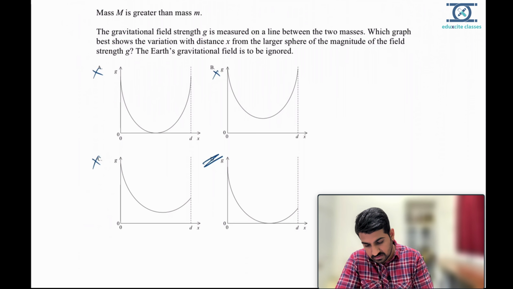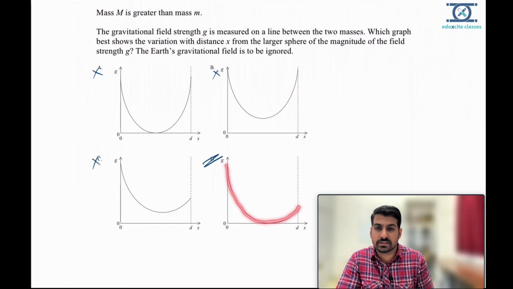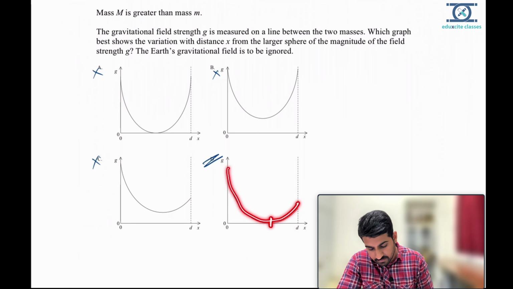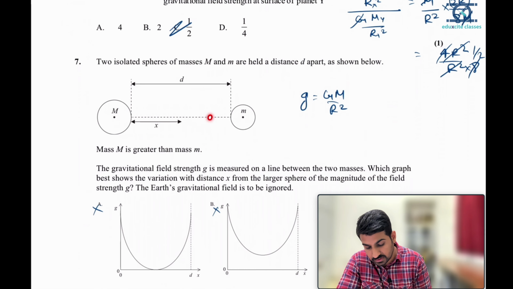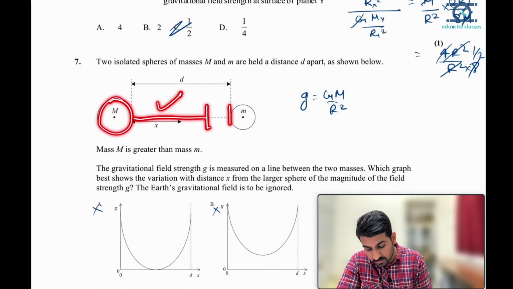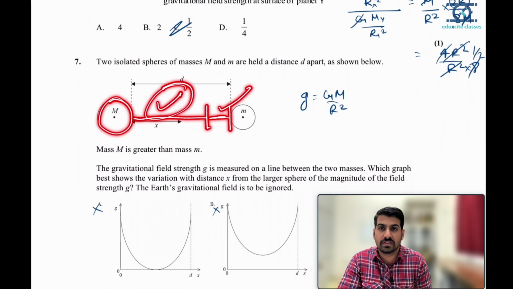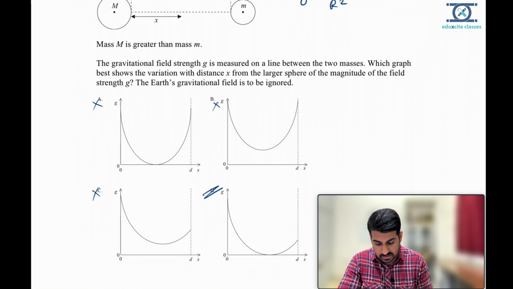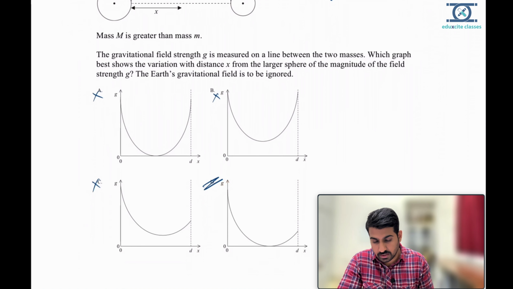The line will be like this, the gravitational field strength will vary like this. It will not be just in between, it will be near to the smaller mass, where GM upon this distance, because this is a greater mass, will be equal to that where the distance is less. So this gravitational field will cancel this gravitational field strength. Then it will be closer to small m and greater away from capital M. So this is the best option according to the question.